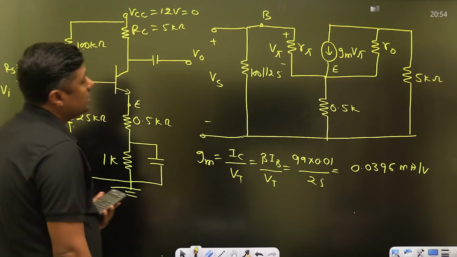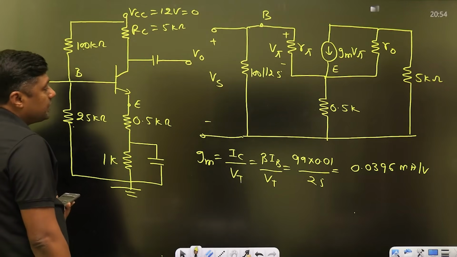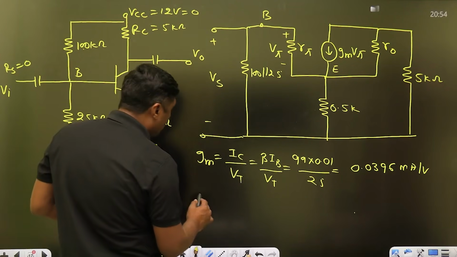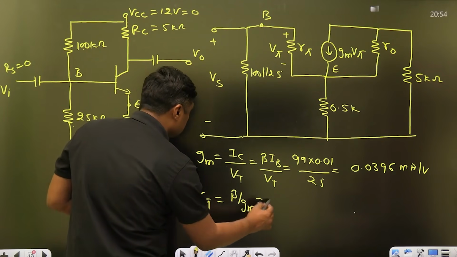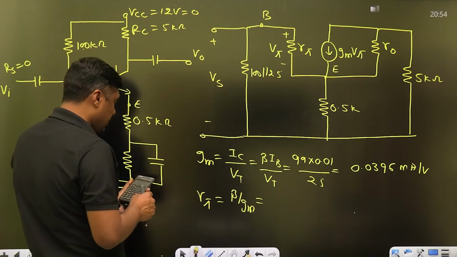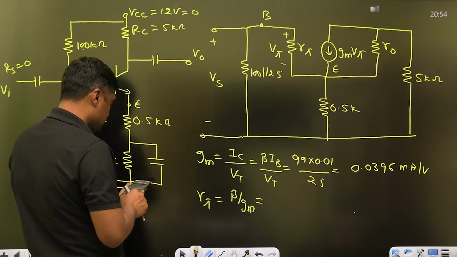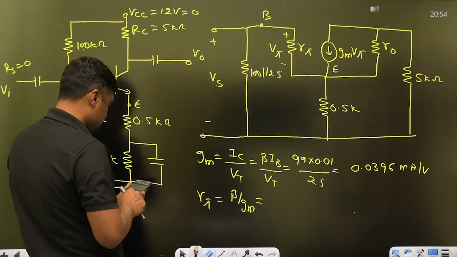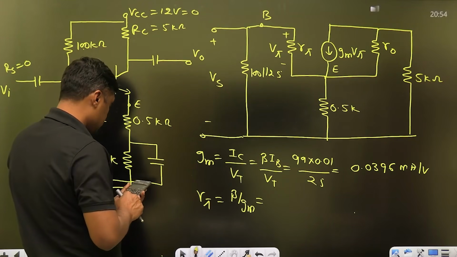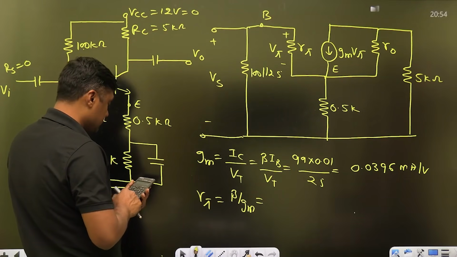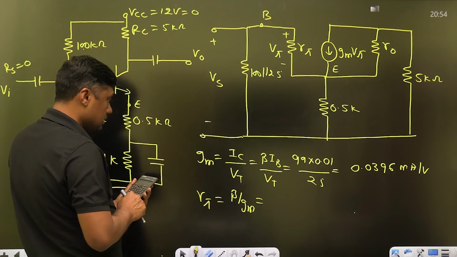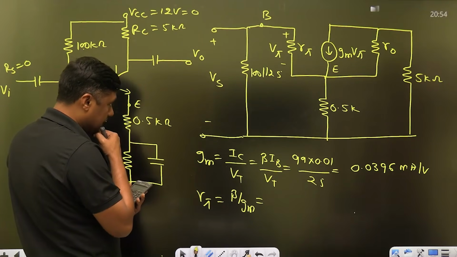From GM you can calculate the R pi, beta upon GM. So beta is 99 upon GM, into beta 100. Right, please check my calculation.